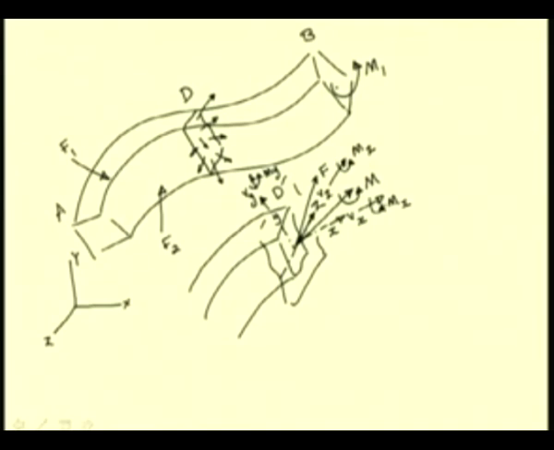This moment, that is Mx, tends to twist the member at this section D. So, this is known as the twisting moment.